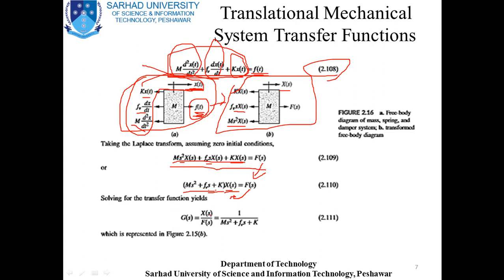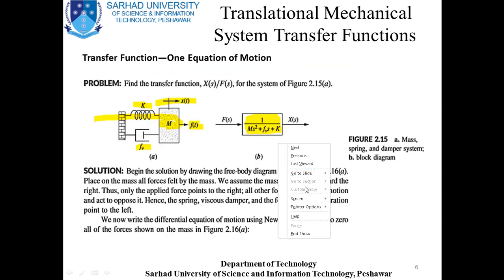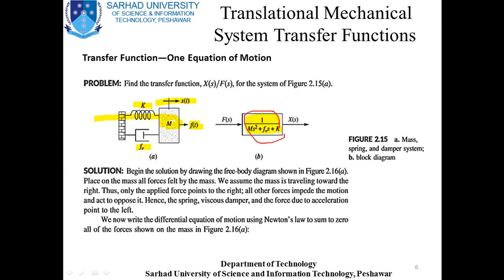If you divide X of s by F of s, you get 1 divided by m s square plus f v s plus k. So this is your transfer function, which is mentioned over here. If you divide output by input, you get 1 divided by this term.